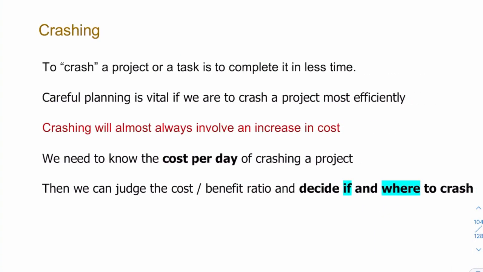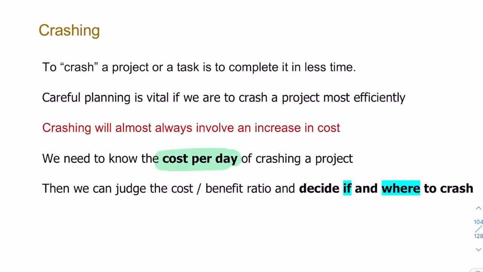Okay, so he basically was a cartoon character saying exactly what I just said. So we're going to look at the same example and see how many ways we can actually crash the critical path. Remember I said crashing involves doing an activity in less time than it would normally take, and that's going to cost money. So we need to know a cost per day or a cost per unit.